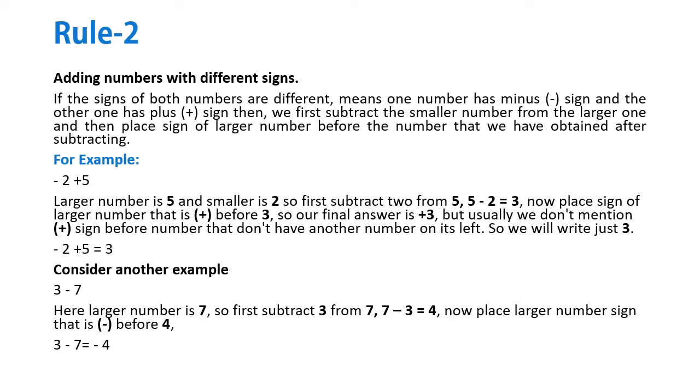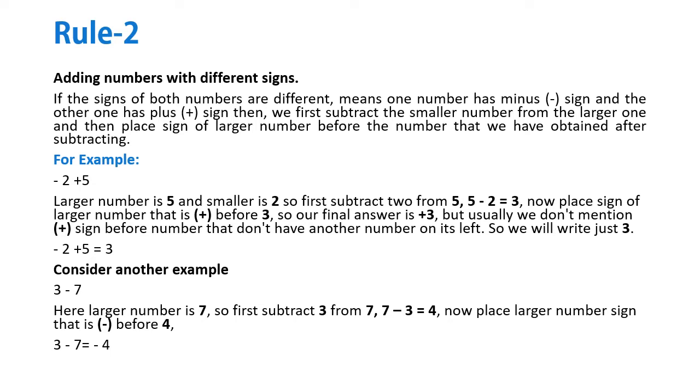Larger number is 5 and smaller is 2, so first subtract 2 from 5. 5 - 2 = 3. Now place sign of larger number, that is, plus, before 3, so our final answer is +3, but usually we don't mention plus sign before a number that doesn't have another number on its left. So we will write just 3. -2 + 5 = 3.